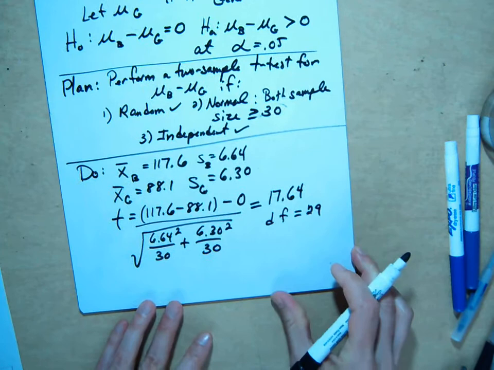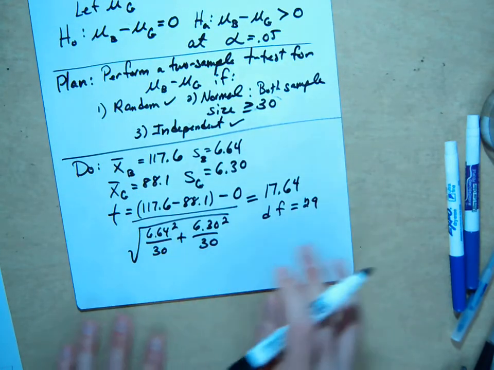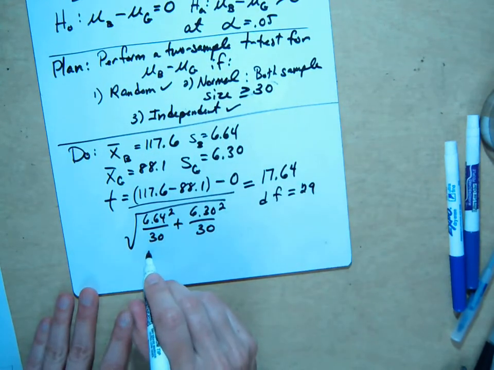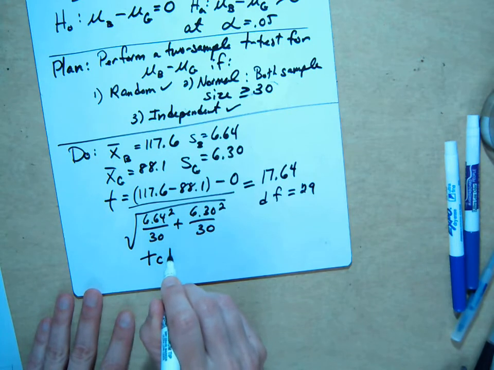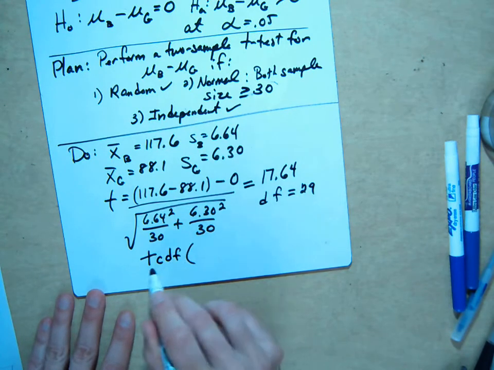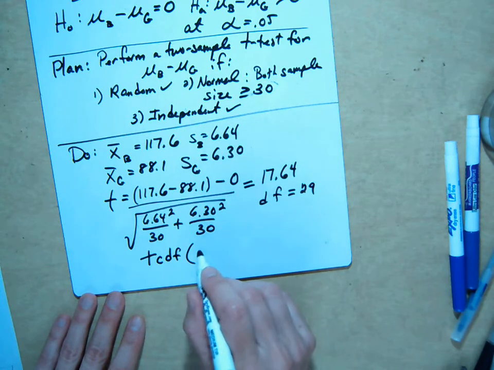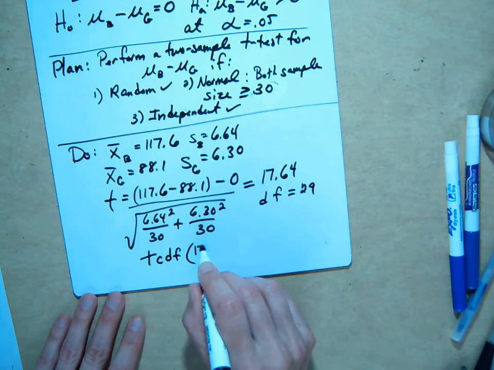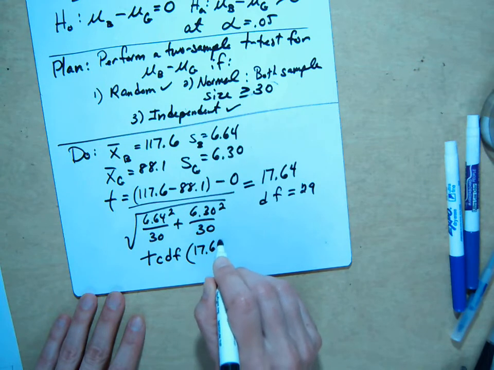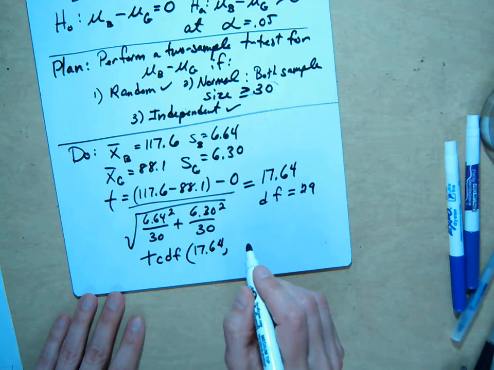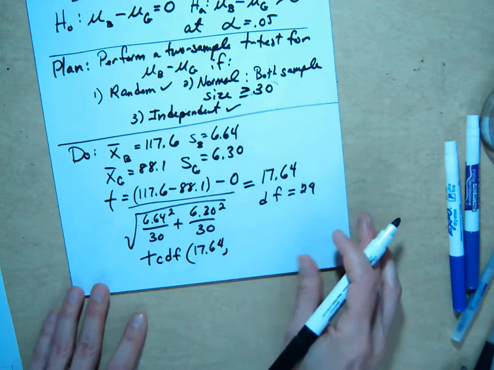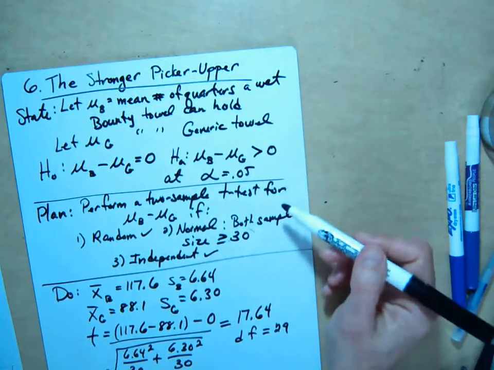So on your calculator, to get the p-value, you would do tcdf for the t distribution. You want to find the area from 17.64 and above, because we said our alternative hypothesis was greater than 0.